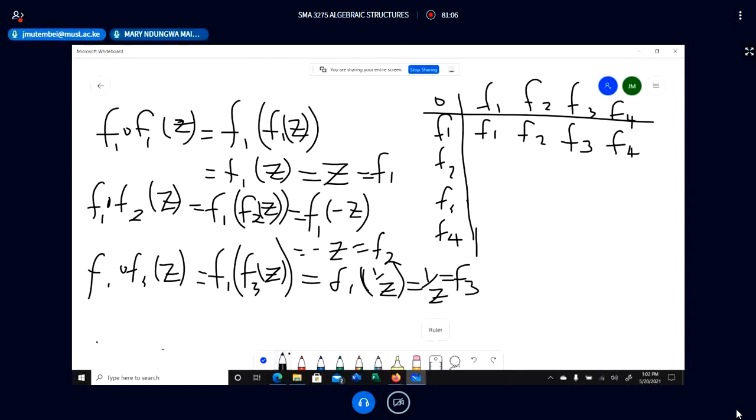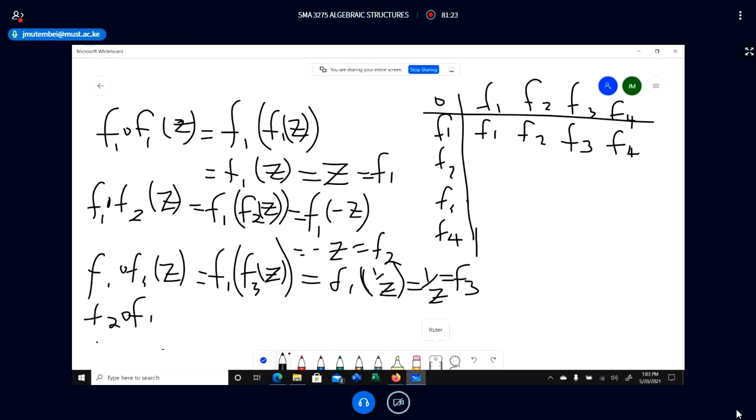For the second row, let's see if this is what you got. F2 composite F1.